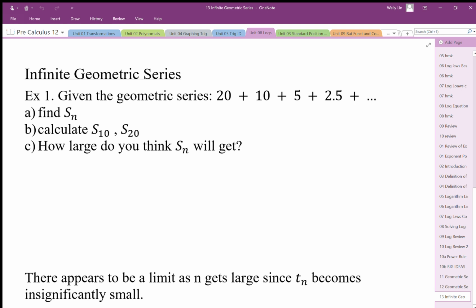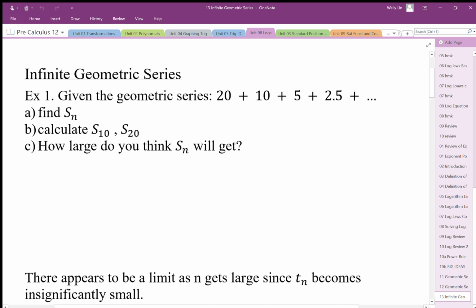So what's going to happen here is this sequence eventually goes to essentially zero. Never really quite zero, but essentially zero. And so what's happening to the sum as we just keep going and adding on, adding on, adding on? We're just basically adding on tiny, tiny little bits. So what happens if we just keep going with this?